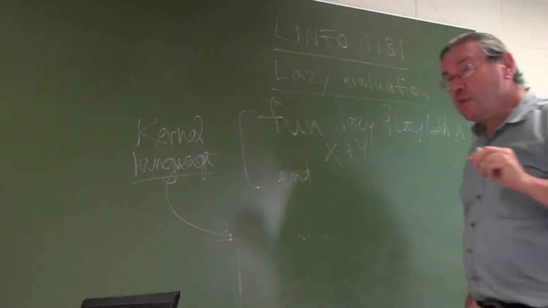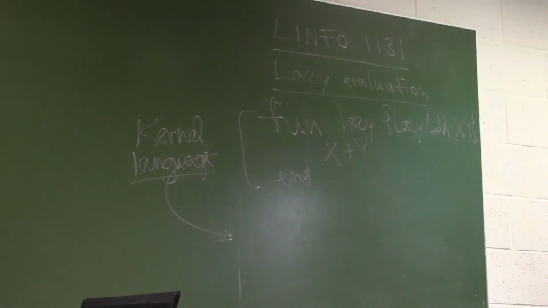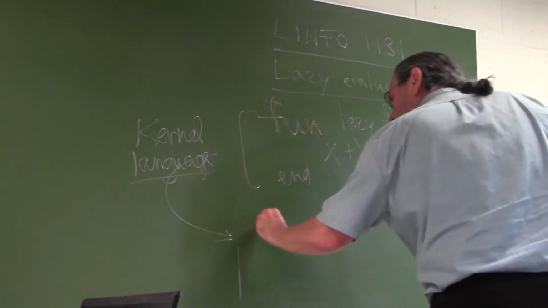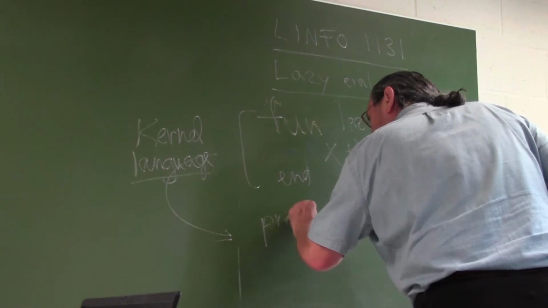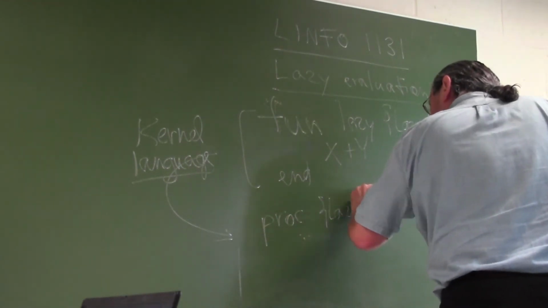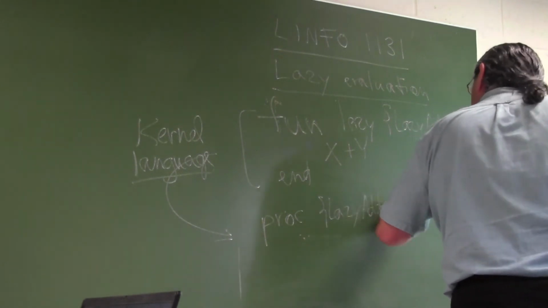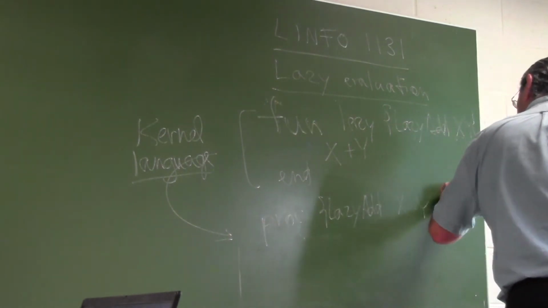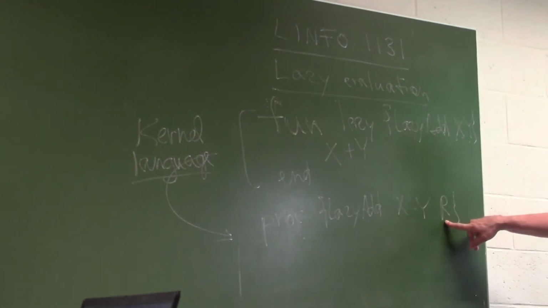So remember in the previous course, we saw the semantics of all the operations, and you can do that by translating them into kernel language and then giving the semantics of the kernel language operations. So this is translated as follows. It's translated into a procedure called lazy add, x, y, with one extra argument, which is the result.